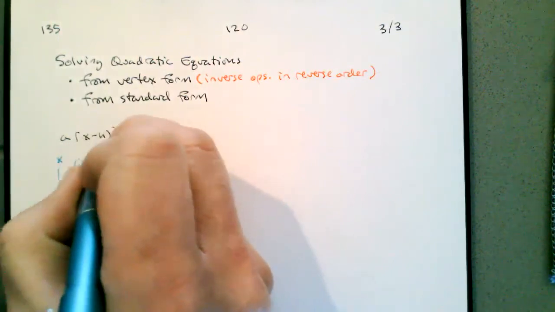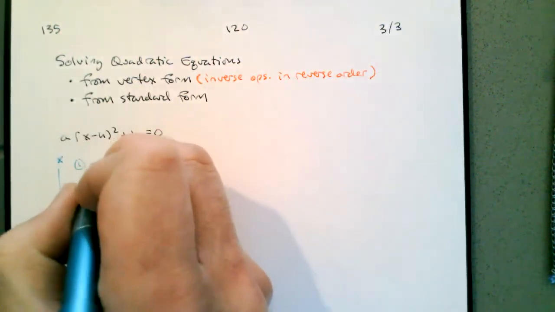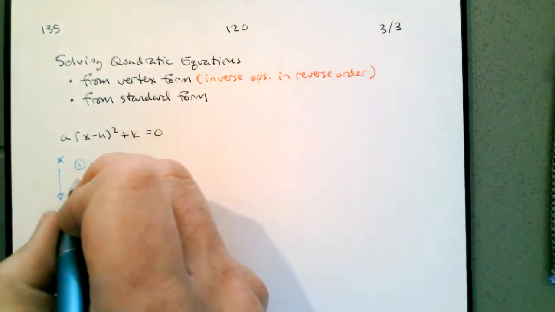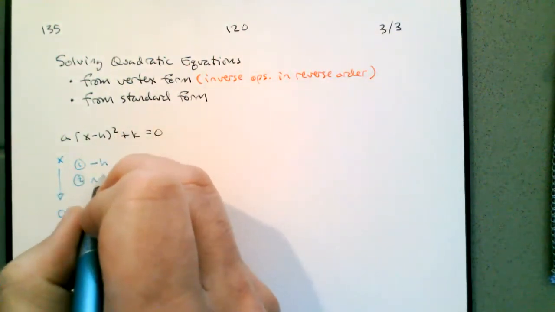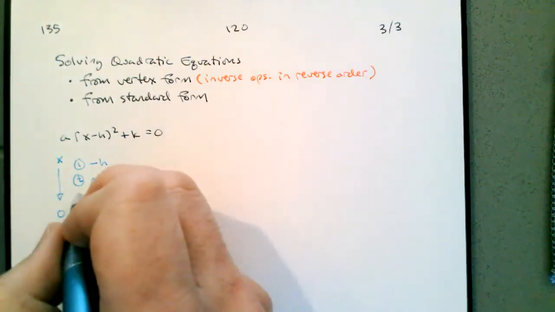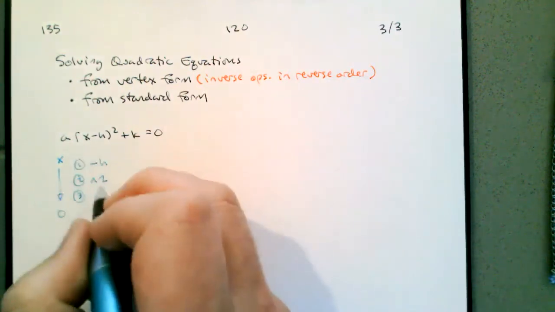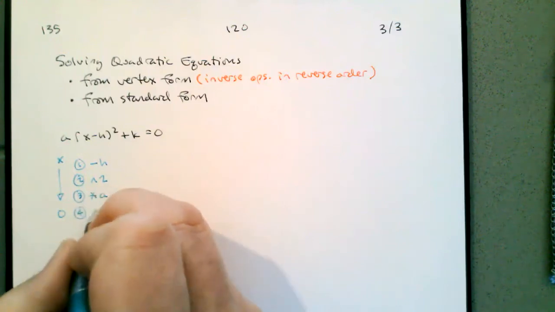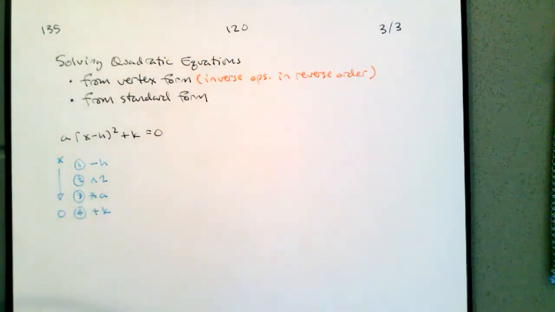The first thing we do in the order of operations would be to subtract h. So that's going to be the last thing that we undo. After we subtract h, we raise to the second power. That's going to, in the inverse, make a square root, which is where the plus and minus is going to show up. And then third, we multiply by a. And fourth, we add k.